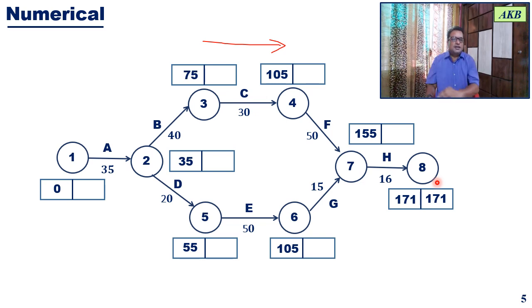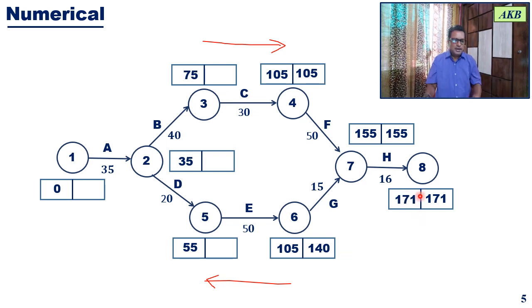Now let us start backward pass calculations. Backward pass calculations are going to start at the last event and they will be completed at the first event, event 1. So the direction for backward pass calculations is from the last event to the first event. So let us understand.